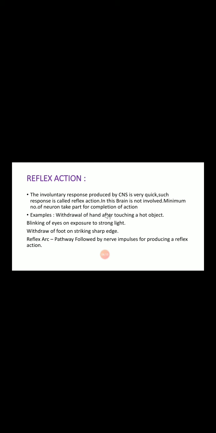In these actions, brain is not involved and the minimum number of neurons take part for the completion of action. Its examples are withdrawal of the hand after touching the hot object, blinking of eye on exposure to strong light, and the withdrawal of the foot on striking the sharp edge.